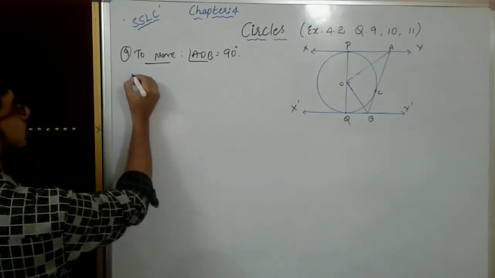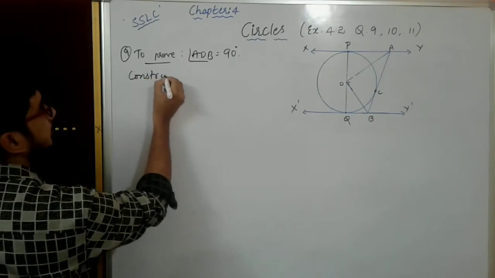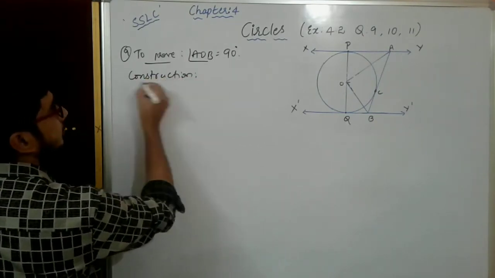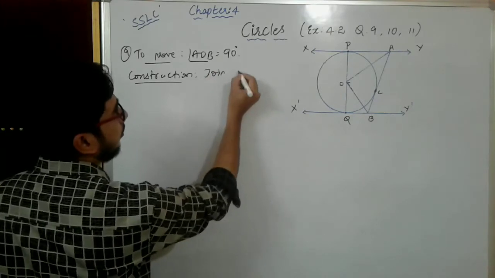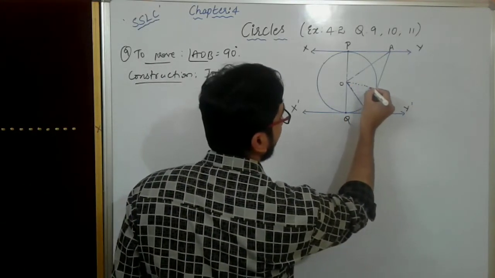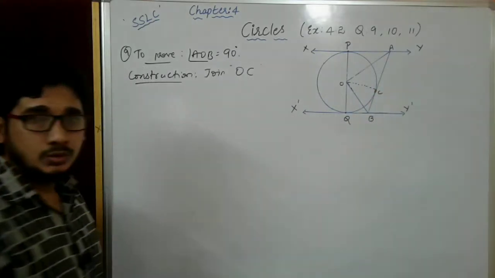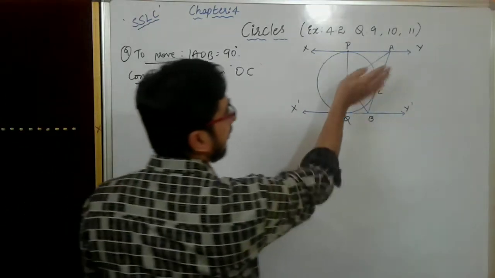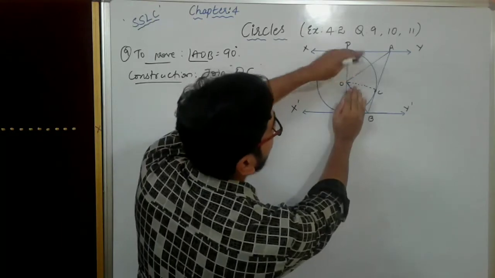So we have to do a construction. What is the construction? Join OC. Now we have to join it; before that it will not be there. If you forget this portion, you can see these 2 triangles.